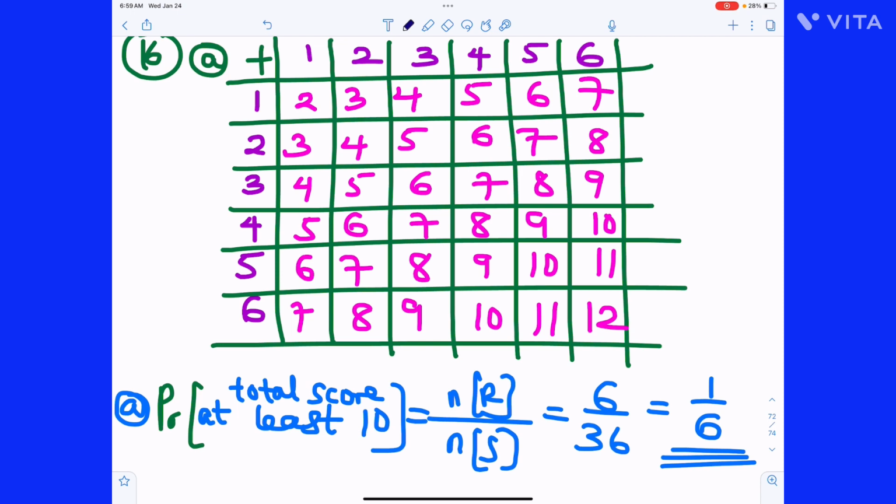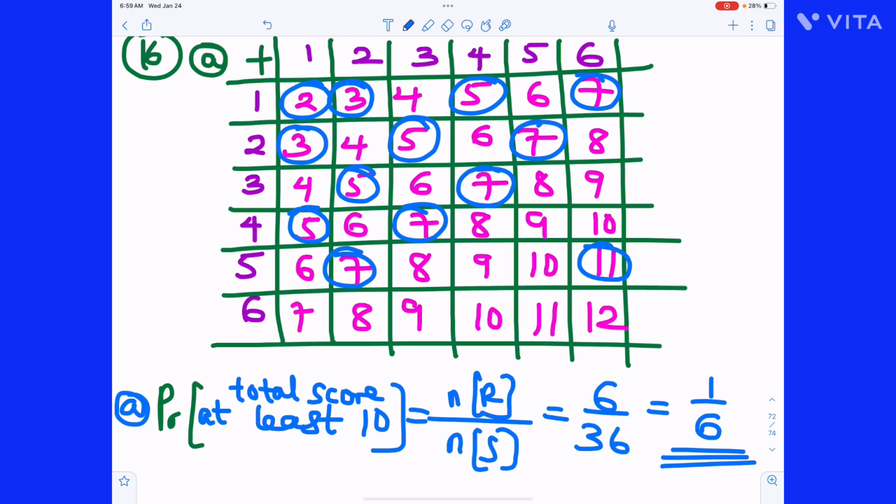The probability of getting a total score which is a prime number, we just count the prime numbers. That's all. Let's count how many of these results are prime numbers. 2, 3, prime, prime, prime, prime, prime. All these numbers I'm circling are prime numbers.